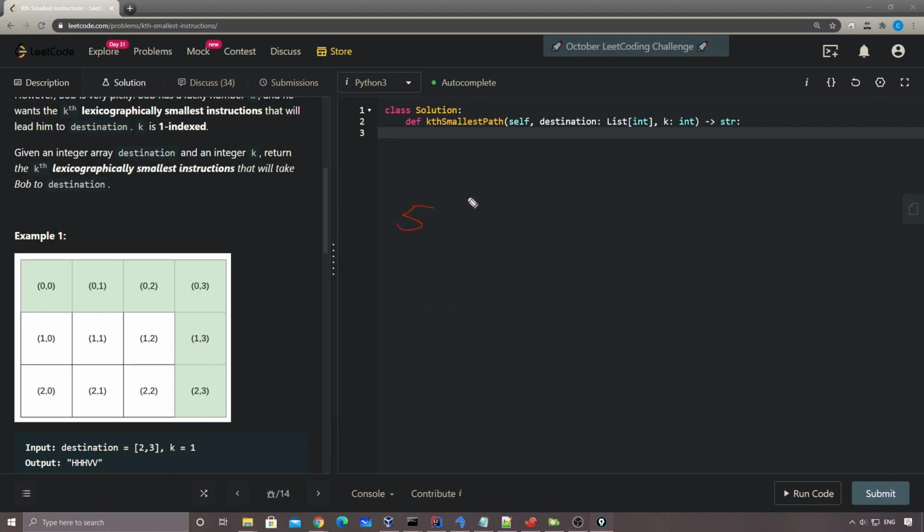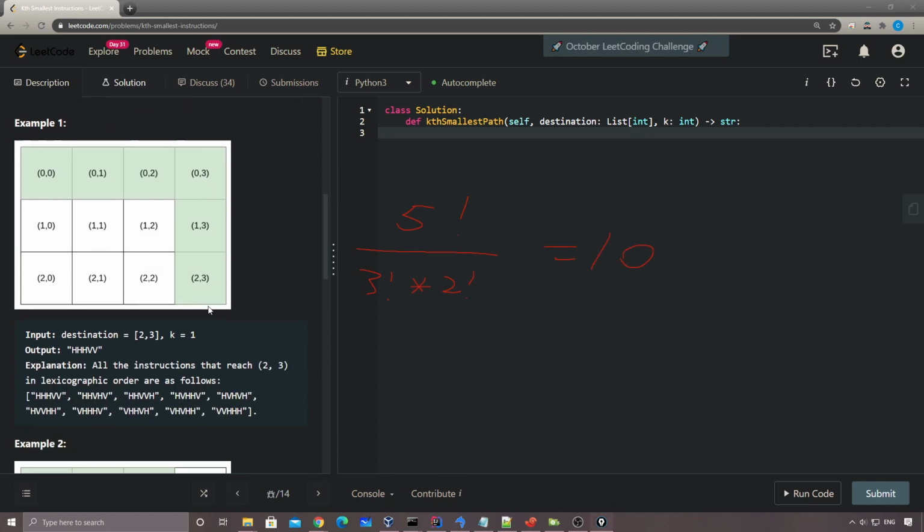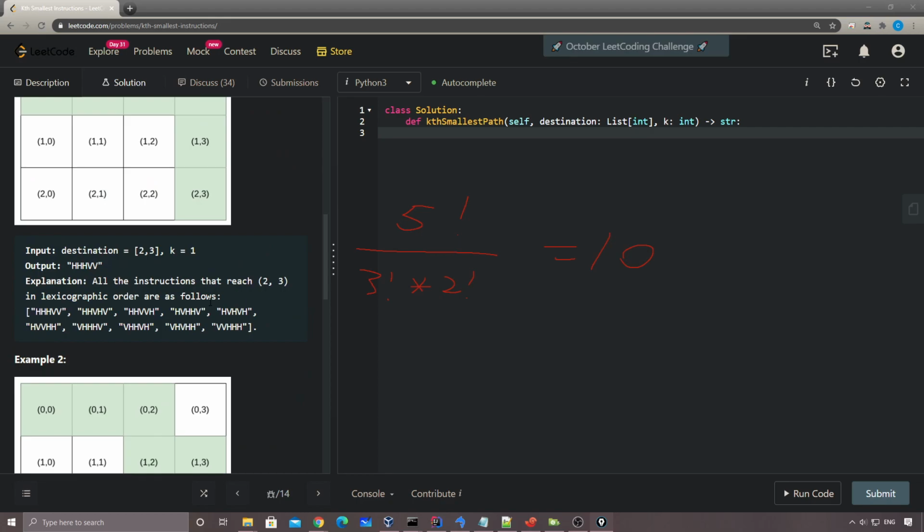Sorry, I think it's 5 factorial divided by 3 factorial times 2 factorial. That's the combination, which is 10. That's how we get 10 here.